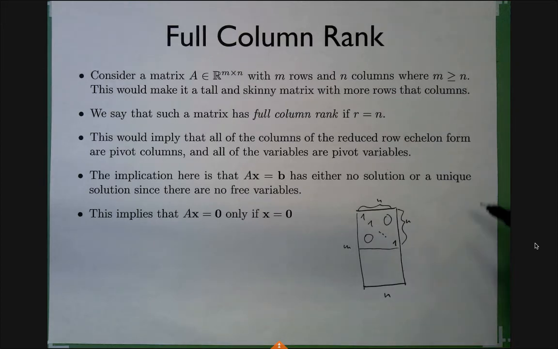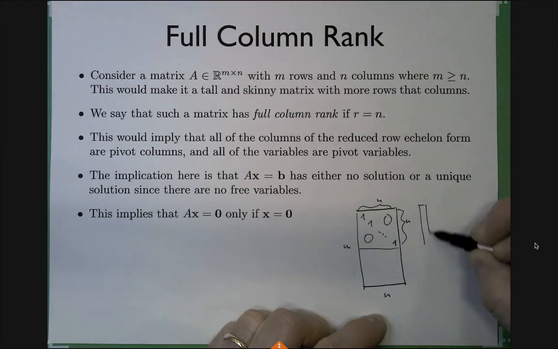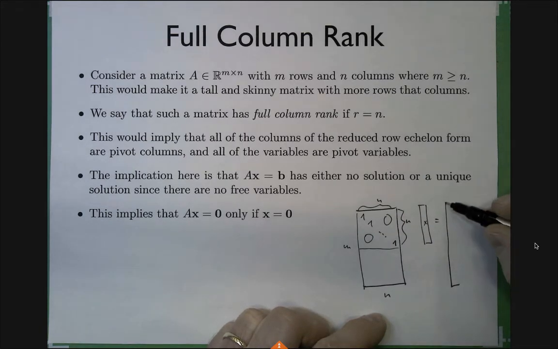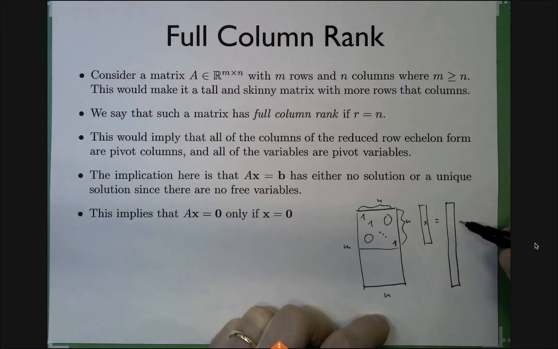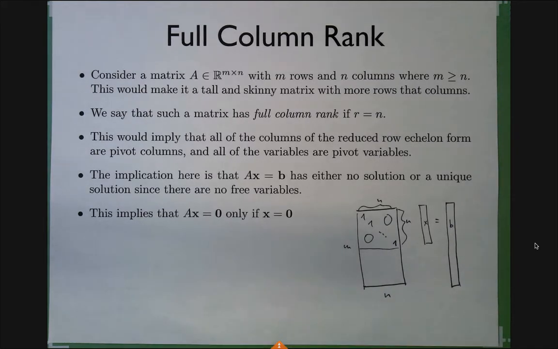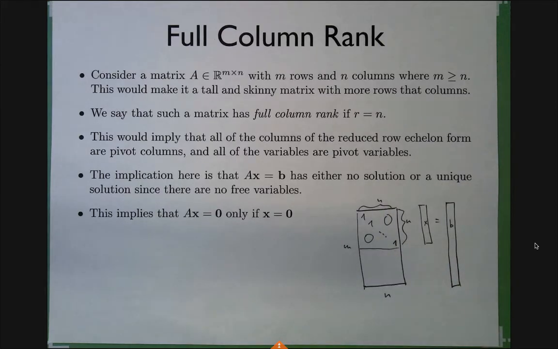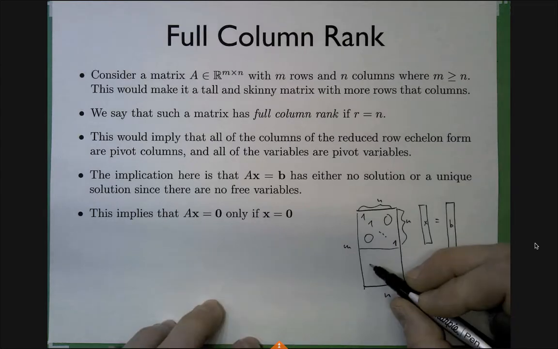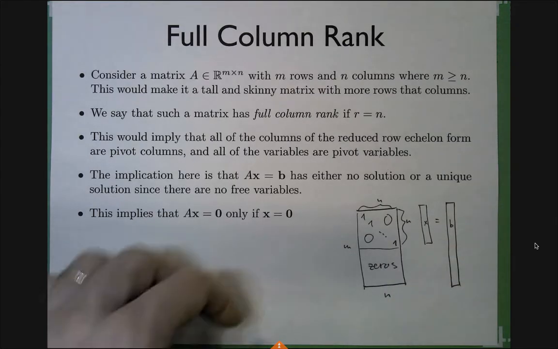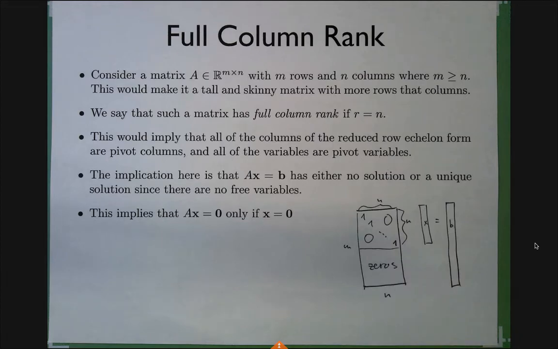How do I tell, by the way, if I give you some x and some right-hand side b, whether this is the case of no solution or a unique solution? Whether the solution does or does not exist? So here are all zeros, right? They have to be zeros. Everything has already been eliminated.